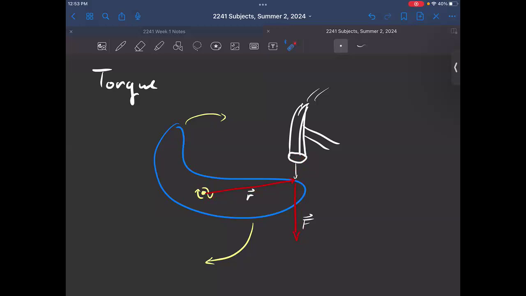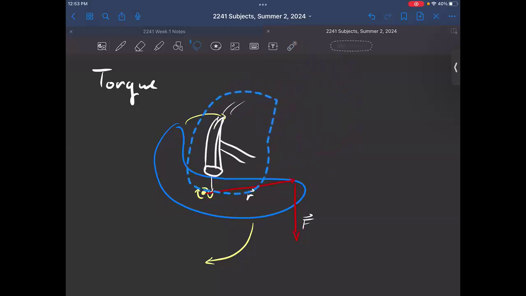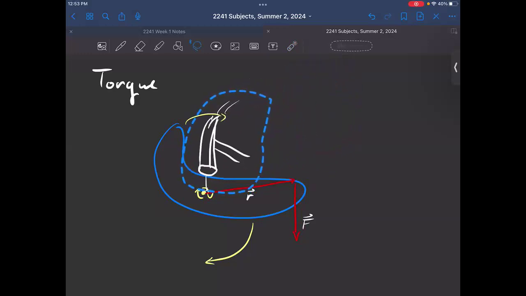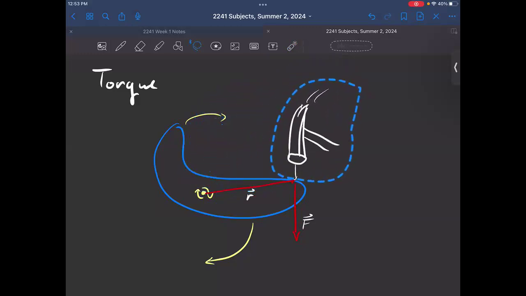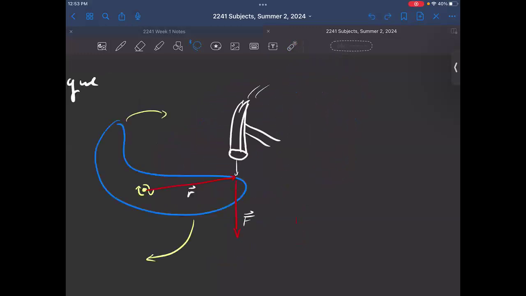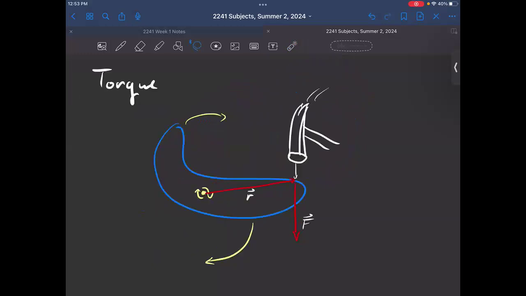Well, think about what happens if you whack it over here instead. If you were to whack it there, right at the center, this thing is probably not going to rotate very much. It might sort of vibrate a little bit, but it's not going to rotate. And so that's why we need to worry about how far away or where the whack happens.